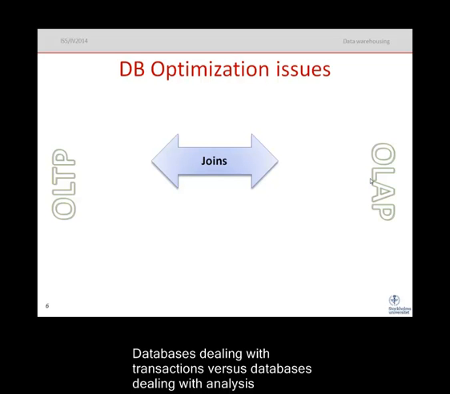While OLAP is databases that are designed for analyzing data. So when we compare those two different approaches on databases, we can see that, for instance, joining tables, if we have a lot of joining tables or a few of them, then we will see that in OLTP we'll have many table joins, because we will have normalized tables and a large amount of tables.